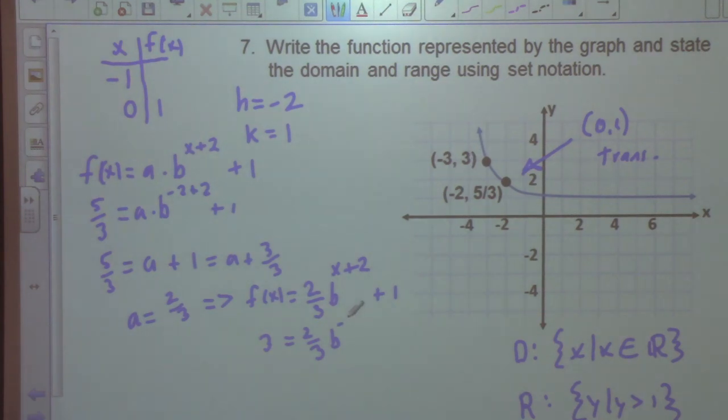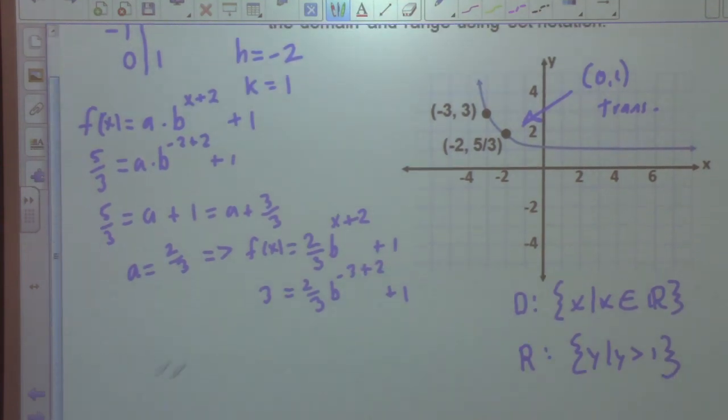Negative 3 plus 2, and then plus 1 out here. What's negative 3 plus 2? Yeah, it's going to be negative 1. So we have 3 equals 2/3 b to the negative 1 plus 1.